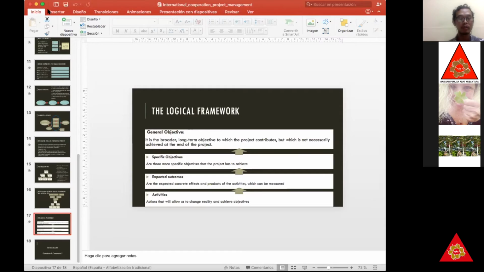sebenarnya bagaimana pertama-tama untuk membuat kita lebih familiar dengan istilah-istilah yang biasa dipakai dalam menyusun suatu proposal proyek, sehingga secara umum kita bisa menangkap apa maunya, apa yang bisa meyakinkan pendukung, apa maunya si pendukung misalnya.